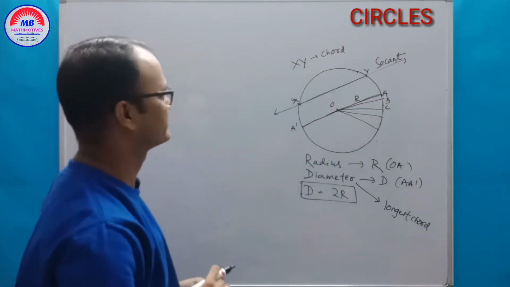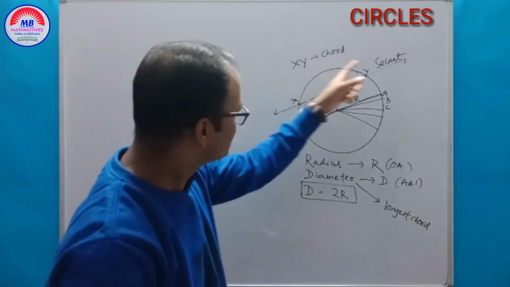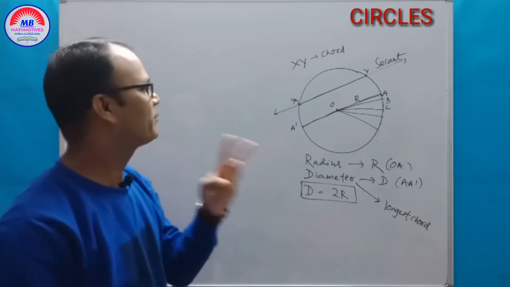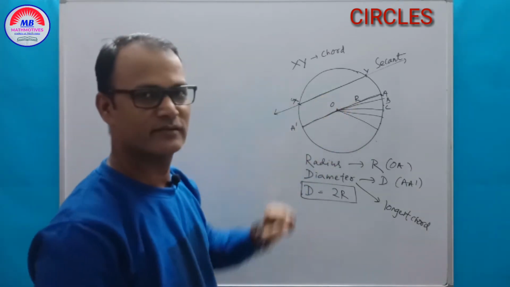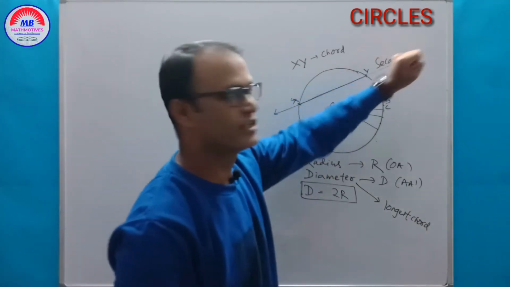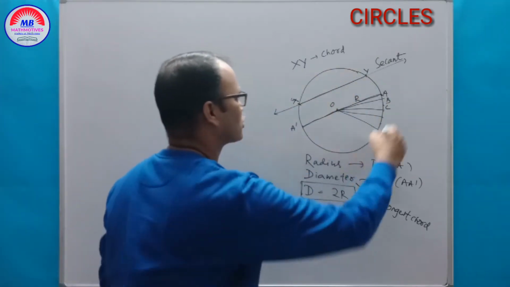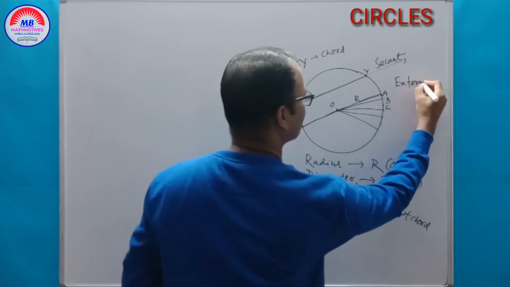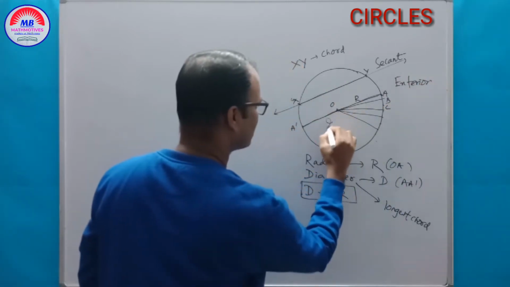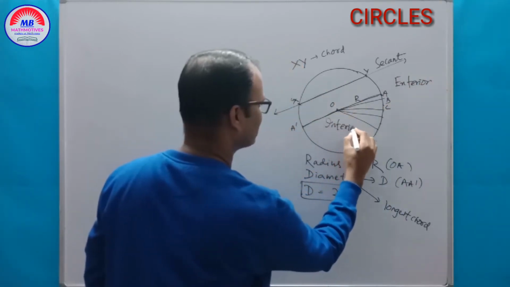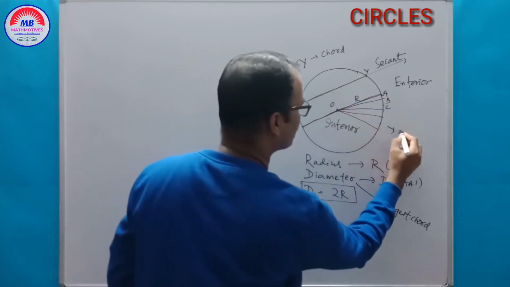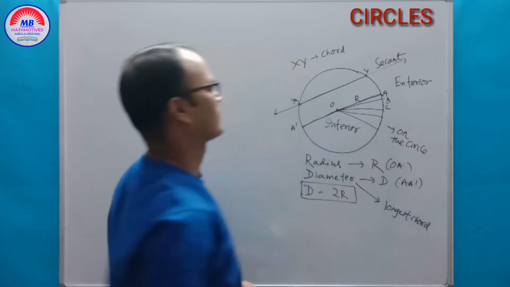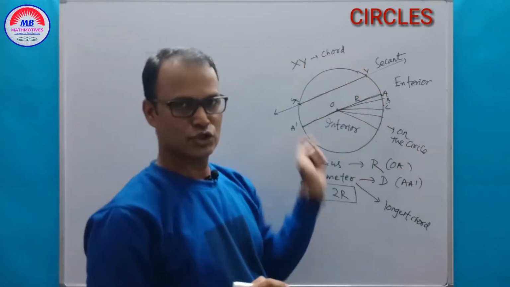Then comes the next point. You see, this circle divides the plane into 3 parts: interior, exterior, and on the circle. The part outside is called the exterior, inside is called the interior, and this on the circle is called the boundary of the circle.